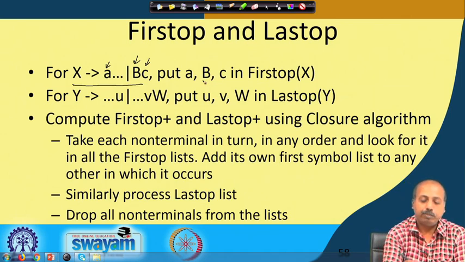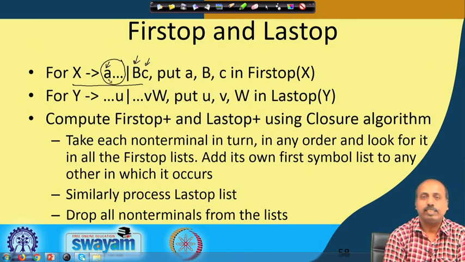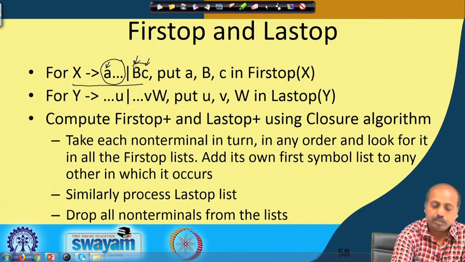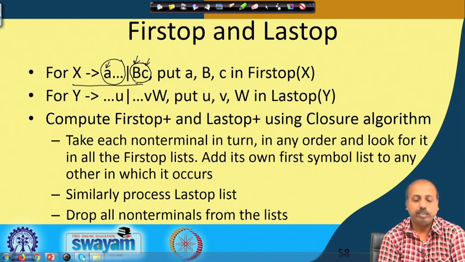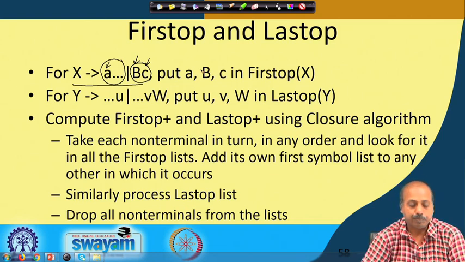Now, from this rule we understand that I can get a string where the first symbol is a, and from this rule, whatever will be there in the first of B will be in the first of X. That is why we include B in the first of X, and later on when we convert it into first of plus, those replacements will be done.